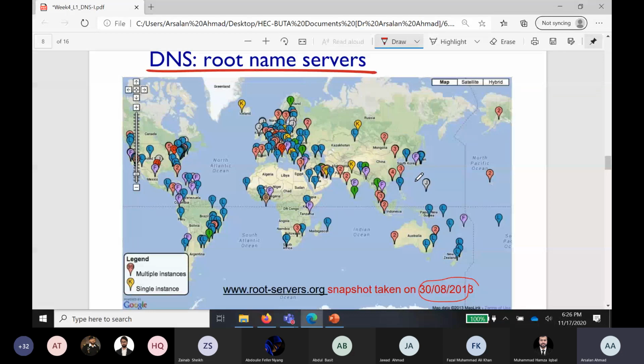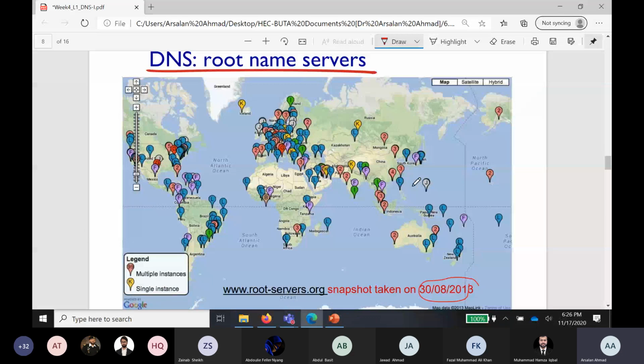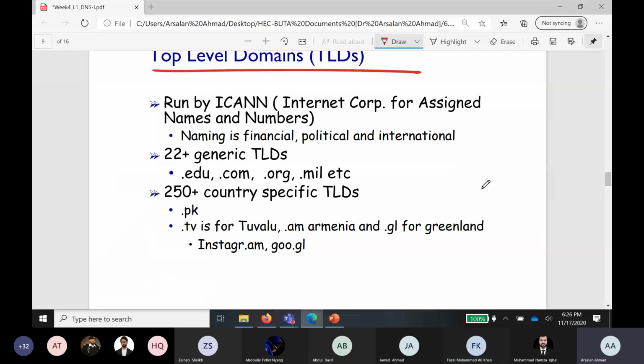Obviously, DNS must be fast. DNS name resolution has to be fast, because if it is not, getting a single web page may require multiple queries, and all those will add to the latency of loading the web page. So it's all replicas of the same database. Thank you, sir. You're welcome.